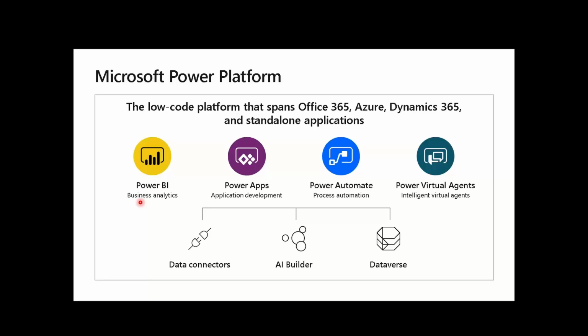They provide different options to connect with. You can use the web API, or you have other options to connect to your database, and then you can design your charts, tools, and dashboards. This provides a very good and strong business analytical tool that is part of the Power Platform.